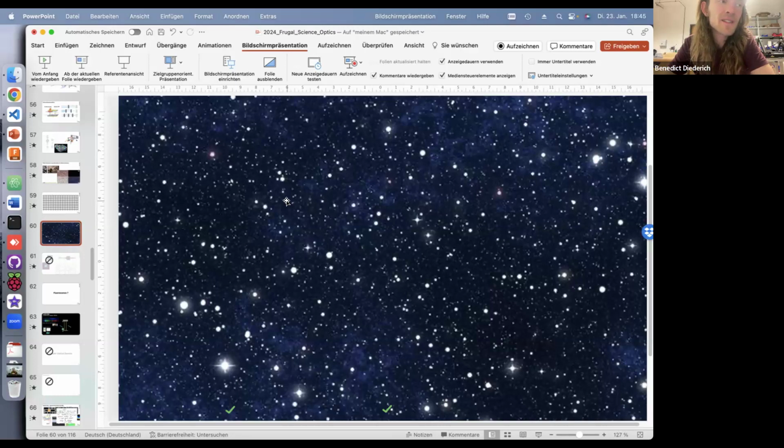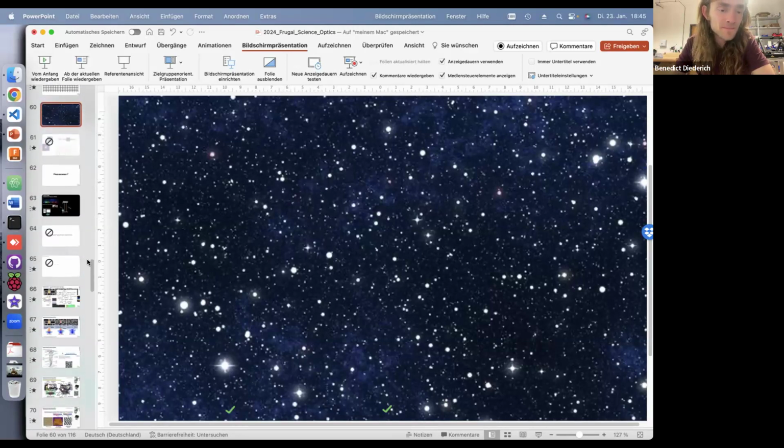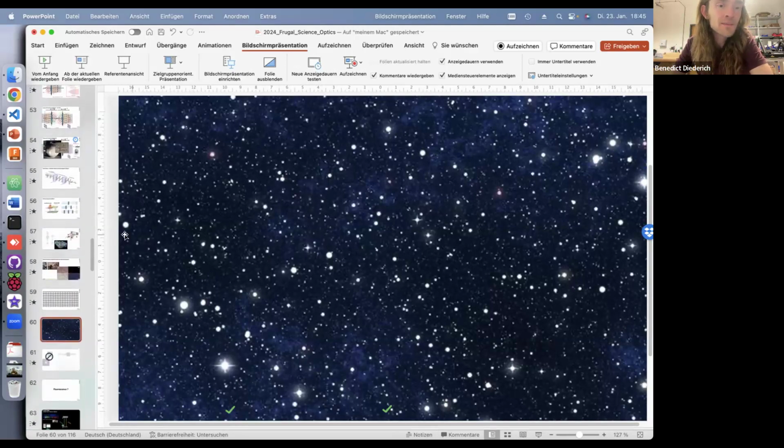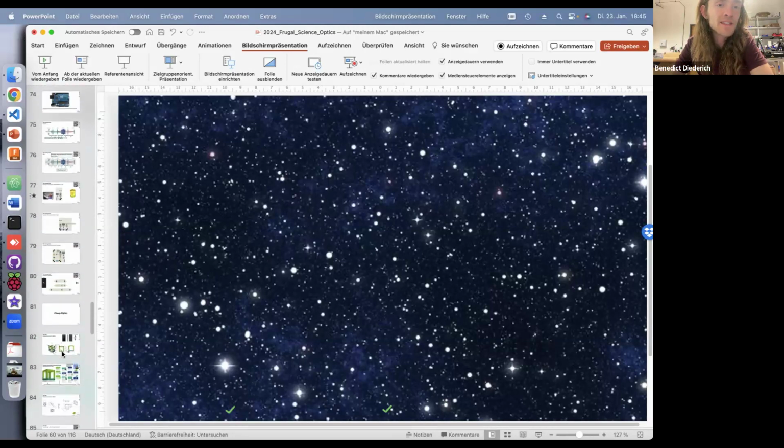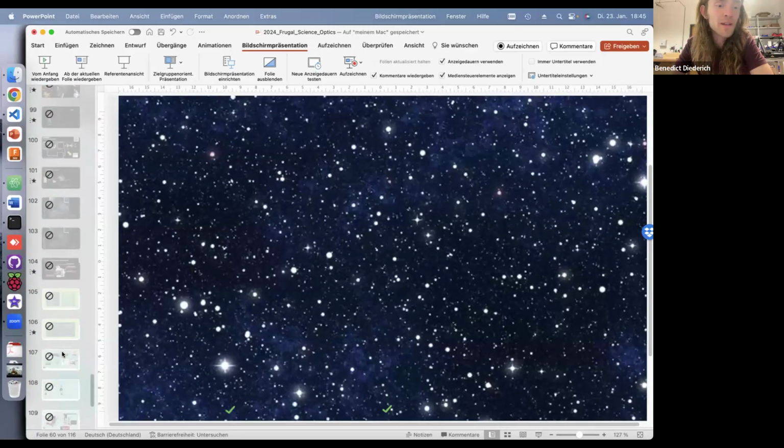And since these stars are so small, the frequency spectrum that is emitted by the stars is so broad that our eye can only collect a certain limit of it. And then every star has the same width because our eye can only resolve them to a certain amount. And so this is essentially also the problem in microscopy, because at one point you can just not resolve any better.